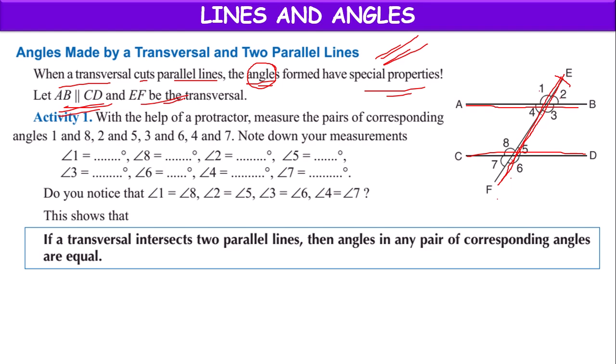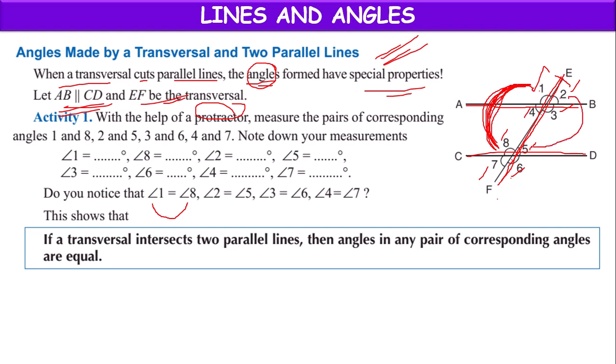With the help of a protractor, if we measure the pair of corresponding angles, or if you measure all the angles 1, 2, 3, 4, 5, 6, 7, 8, and note them down, we observe that angle 1 equals angle 8. 1 and 8 are considered corresponding angles here, lying on the same side of the transversal, above the transversal.